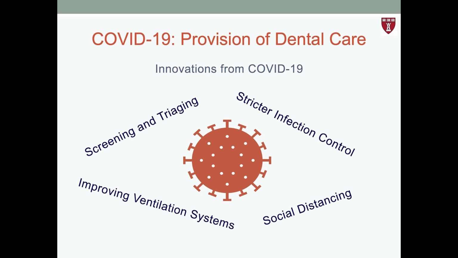Aerosol-generating procedures were minimized, but if they were deemed necessary, rubber dam isolation and high-volume evacuators were often used during procedures. Many countries also transitioned to teledentistry, which we will cover in a later slide.